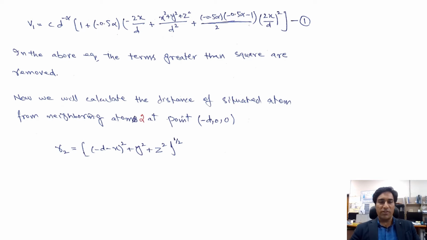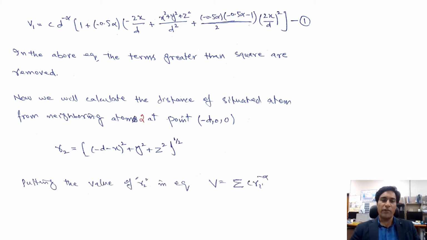From this point, r2 is equal to minus d minus x whole square plus y square plus z square, the whole power is 1 over 2. Why is this minus? Because the atom is situated on the minus x side, so this d is minus, so that's why we get the minus sign here.